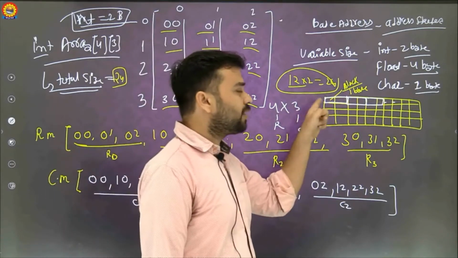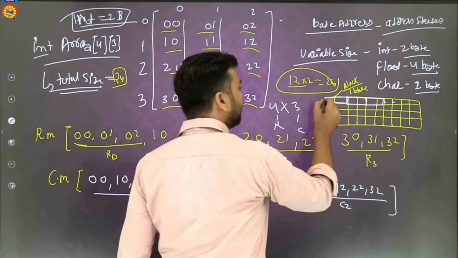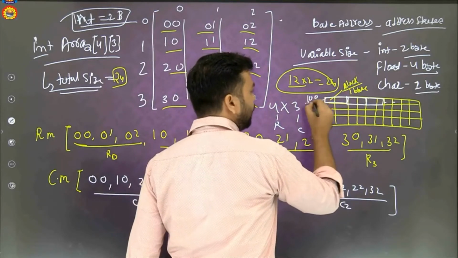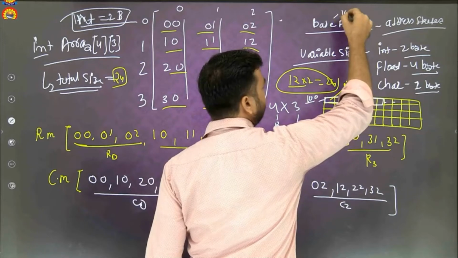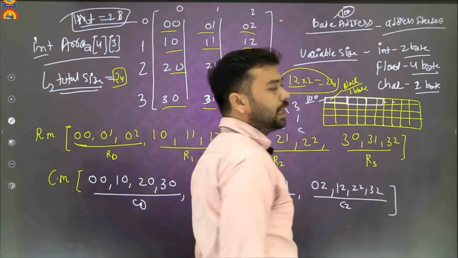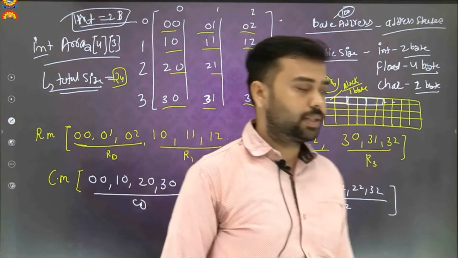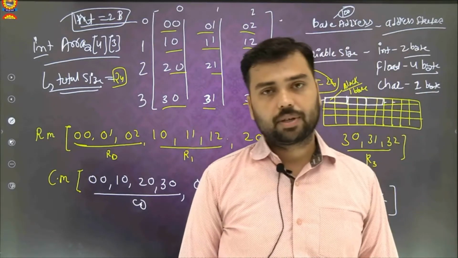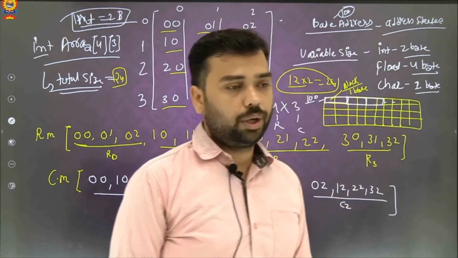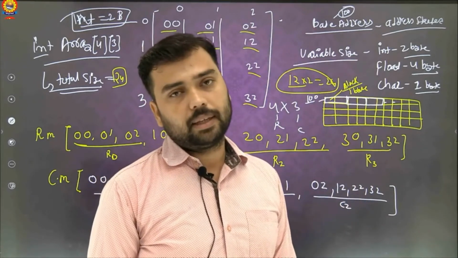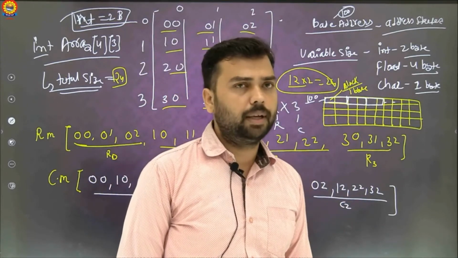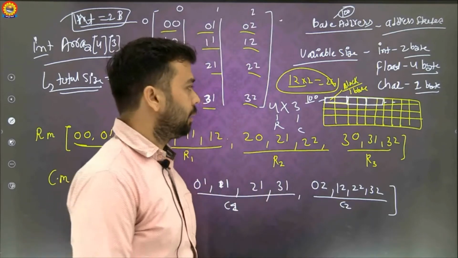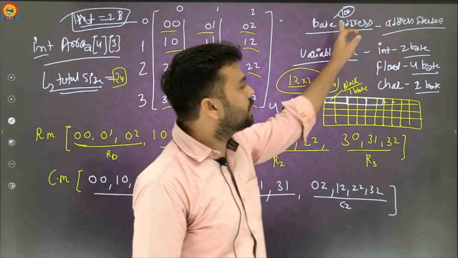Suppose the address of this block starts with 100. 100 is a base address, for example. It will be a hexadecimal value. When I discussed memory structure in an array, I also told you that memory is represented in hexadecimal in computer programming. So let base address be 100.